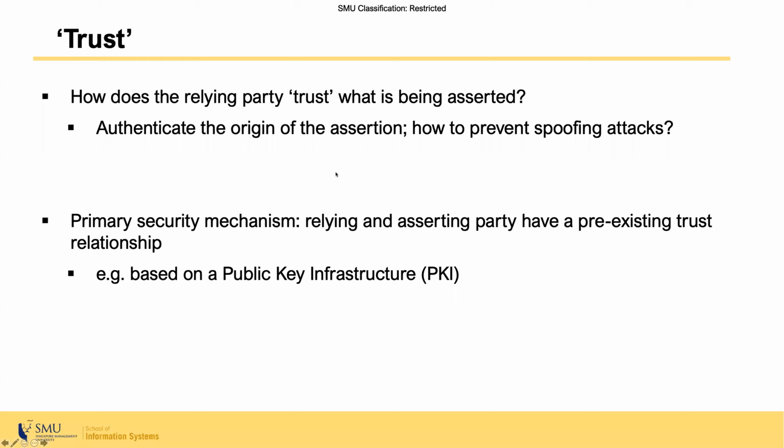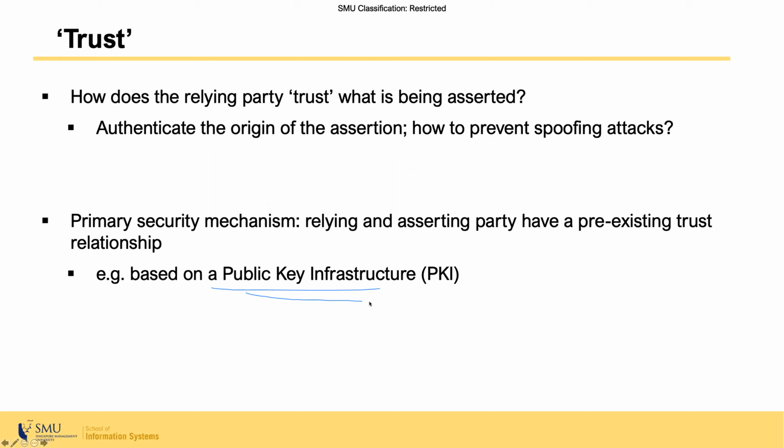All right, so this is the last important slide about single sign-on. So behind the scene, I've been stating many times that there is a pre-existing trust relationship between the asserting party and the relying party. And the important security mechanism behind this trust relationship is based on the use of public key infrastructure, which obviously will involve digital signature signing and verification process.